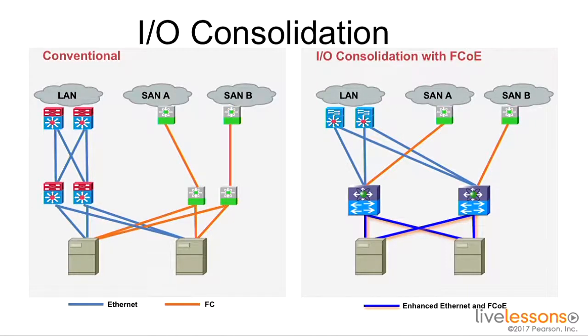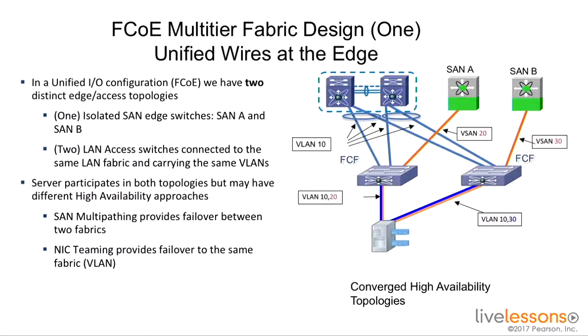Now, in Fibre Channel over Ethernet configurations, there are multiple types of topologies that you might see. For instance, where you tend to get the most bang for your buck in consolidation and saving cost and complexity and configuration in your data center is by converging the access layer, or the layer between the servers and that top of rack switch, or the first switch that they connect to.